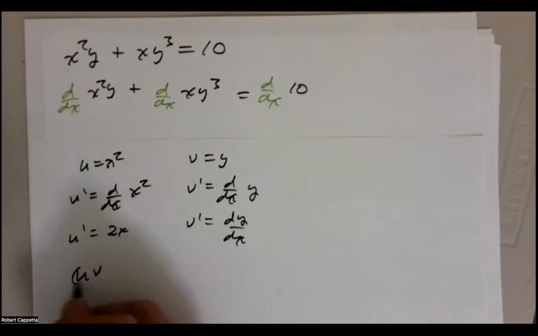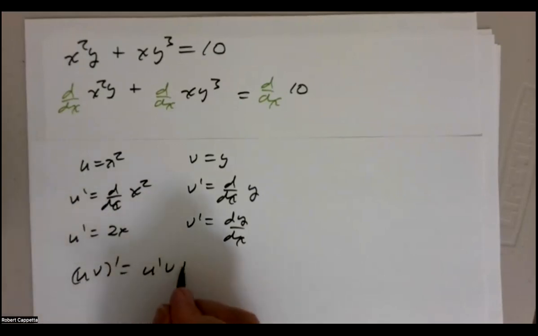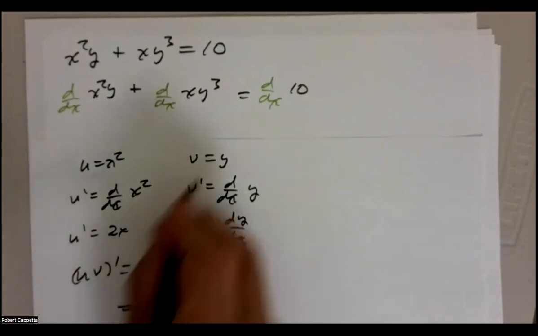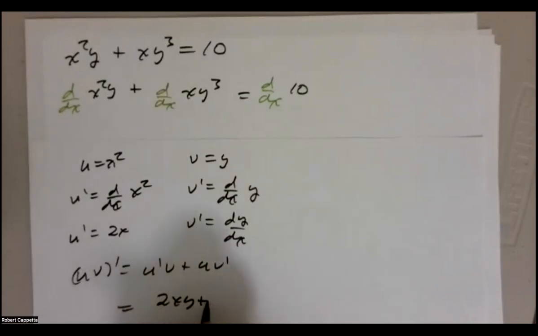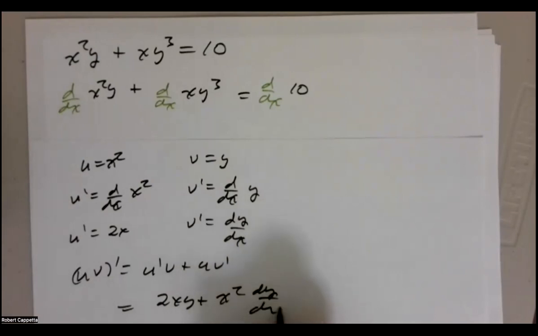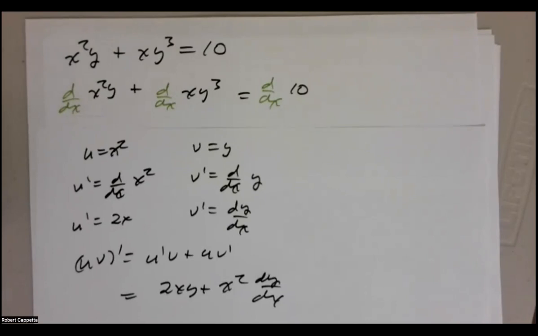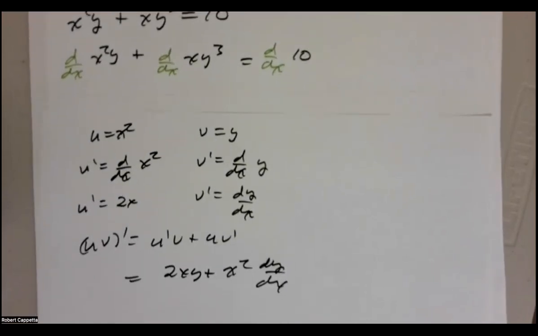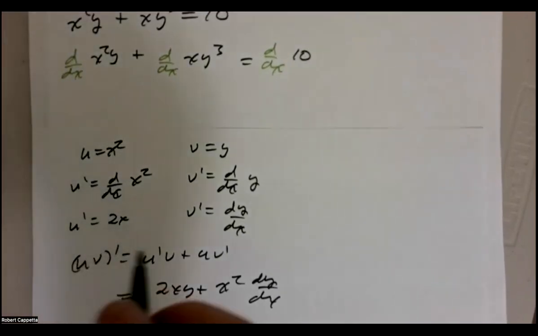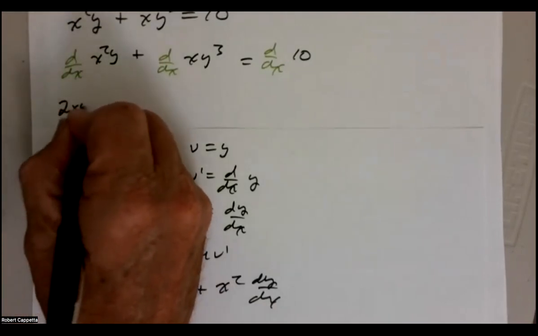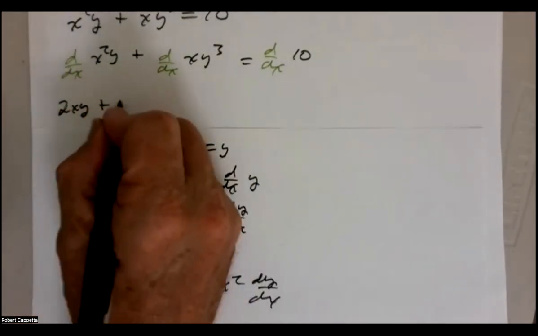What's our rule? (uv)' is u prime v plus u v prime. What do we get? u prime v is 2xy plus x squared dy/dx. That's my first piece, the derivative with respect to x of x squared y. Let's put that in there: 2xy plus x squared dy/dx.